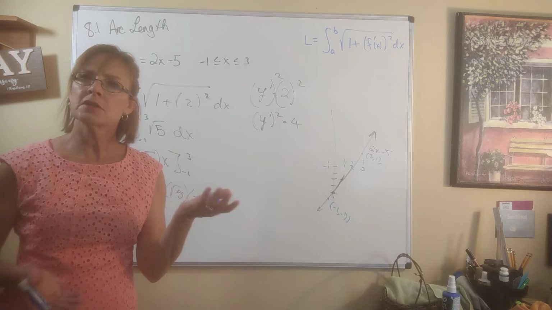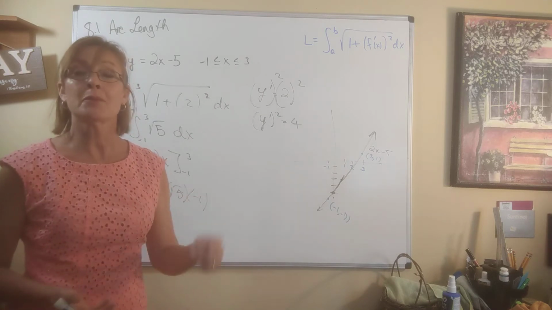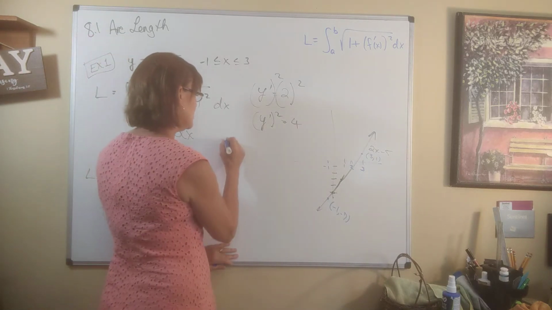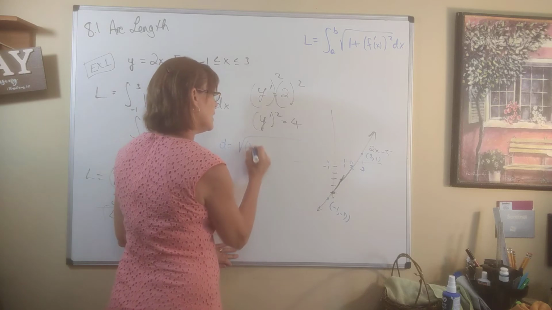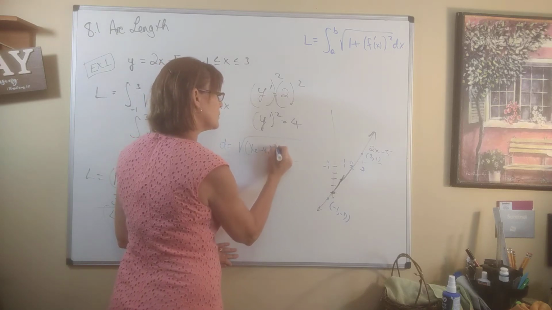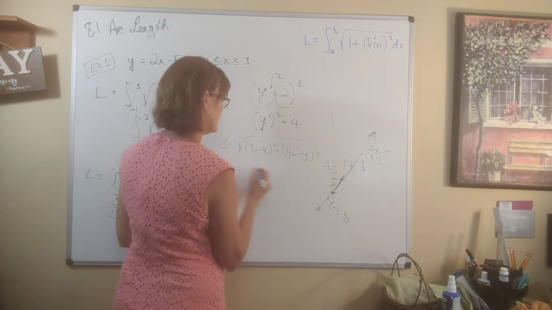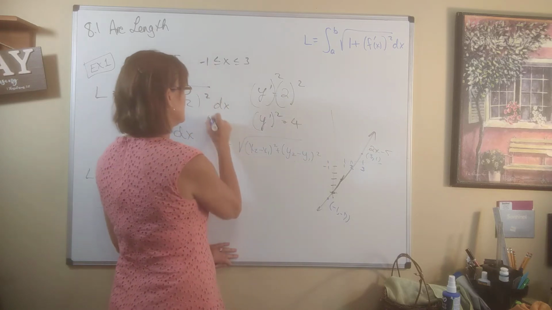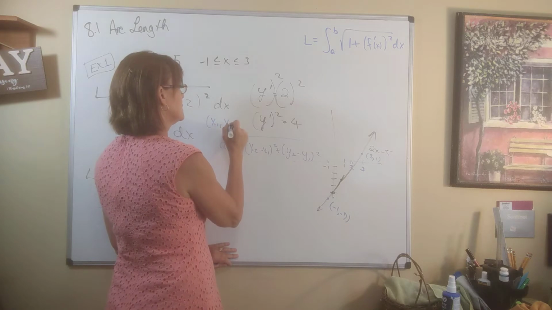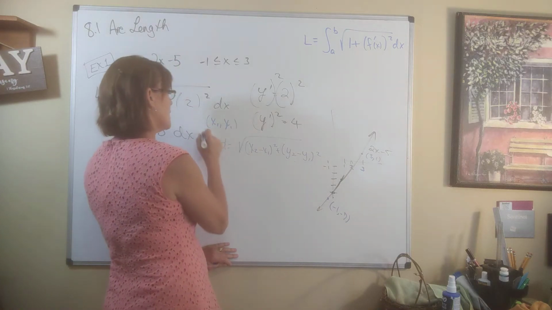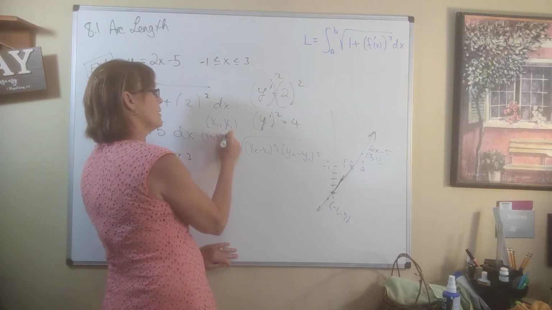So, now we're just going to use the distance formula that you learned probably years ago. D is equal to the square root of x2 minus x1 squared plus y2 minus y1 squared. So, this is for the points x1, y1, and x2, y2.